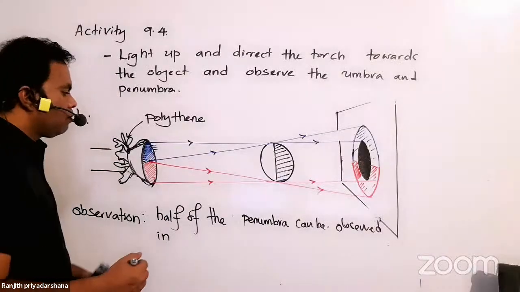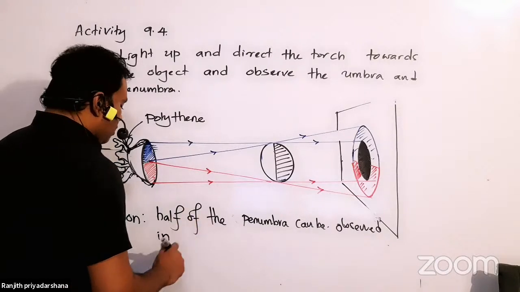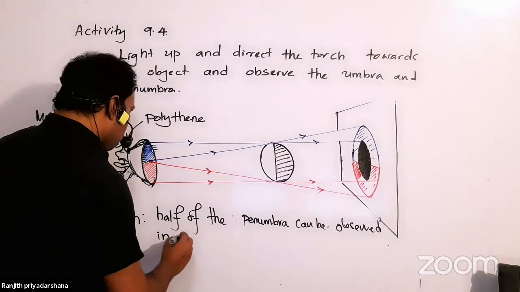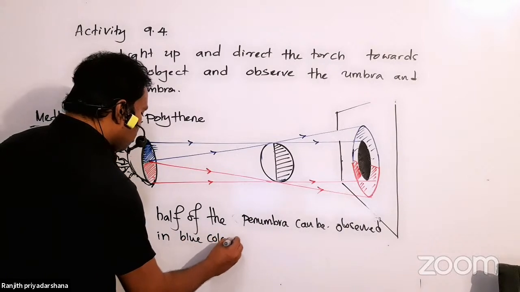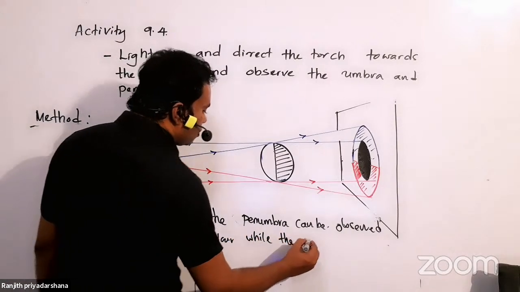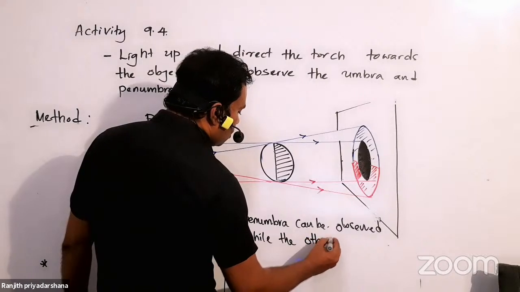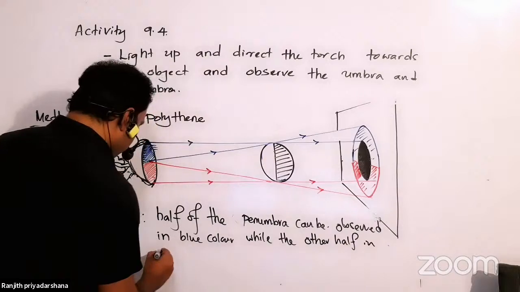Good. Half of the penumbra can be observed in blue color, while the other half in red color.